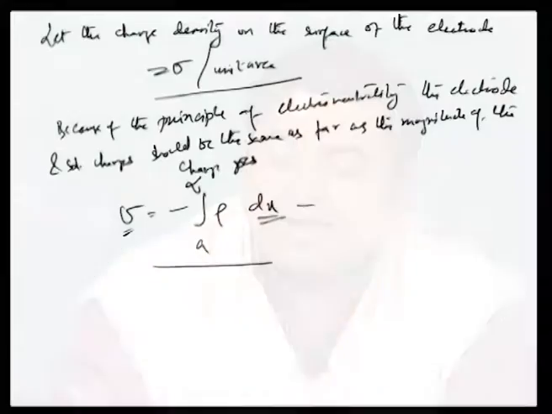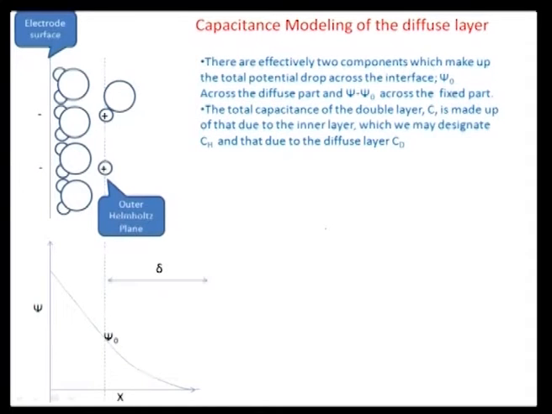So, if we put the value of rho here in this equation and try to solve, we actually get, and this charge density here being positive, this is of course the negative charge density, the negative sign goes away.